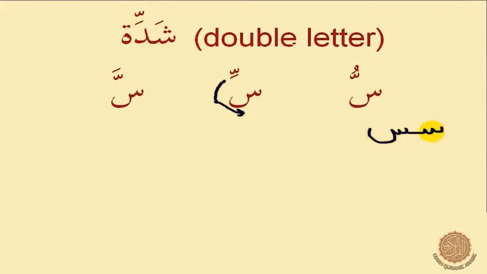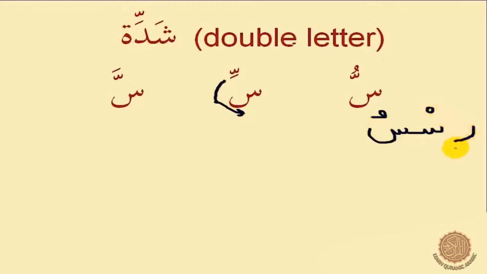Now the first seen will always have a sukoon. And then the second seen will have the actual harakah. Now let's put, for example, a letter before it, because we know that a word cannot start with a sukoon. You can't have a letter with a sukoon starting off a word. So let's put the ra, for example.